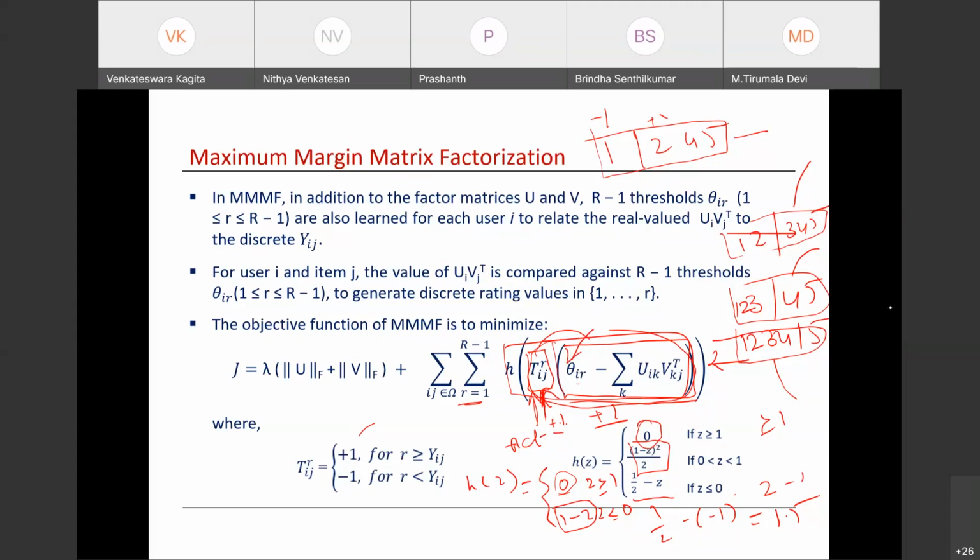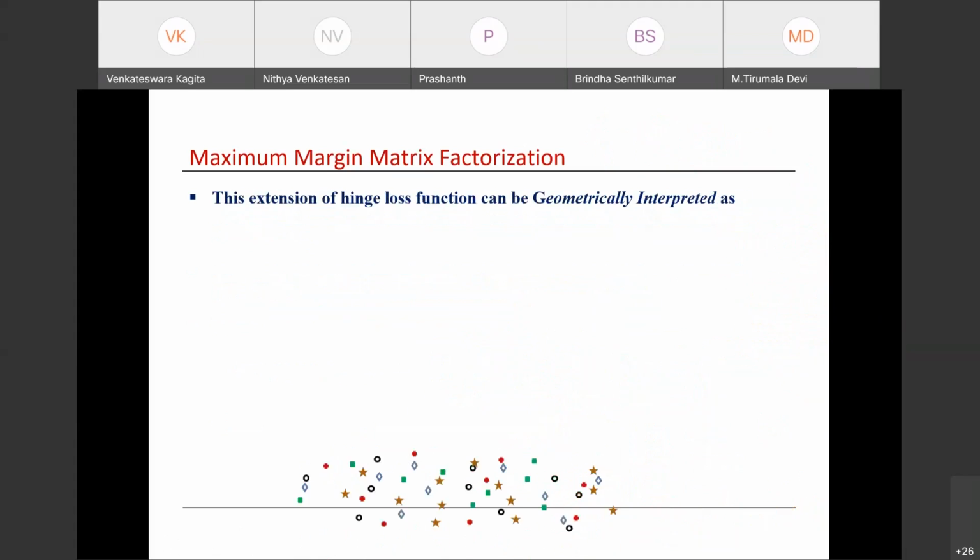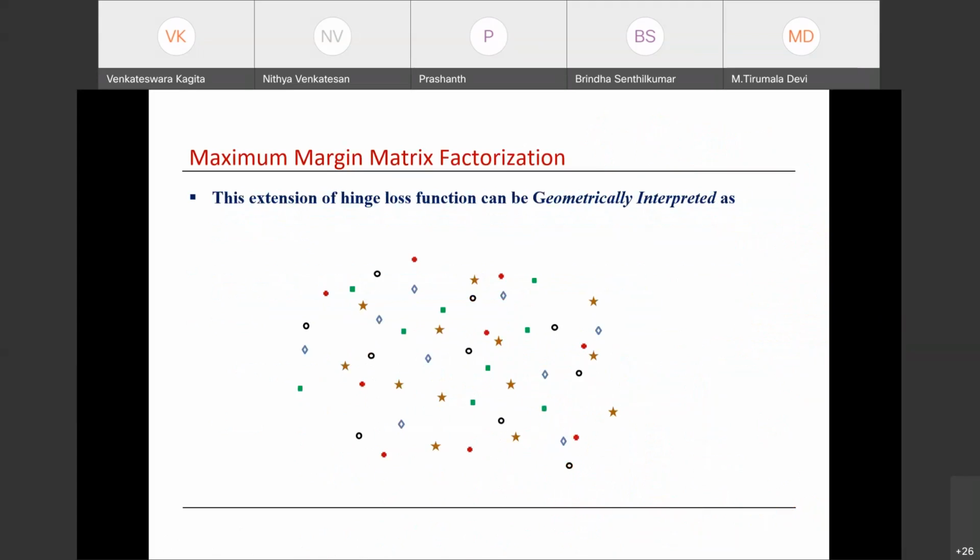All right. If you see this graphically, this is how it looks. Initially, when you randomly initialize, each symbol corresponds to one rating. There we have 5 ratings, therefore 5 symbols here. When I randomly initialize, this is how they look without any separation.